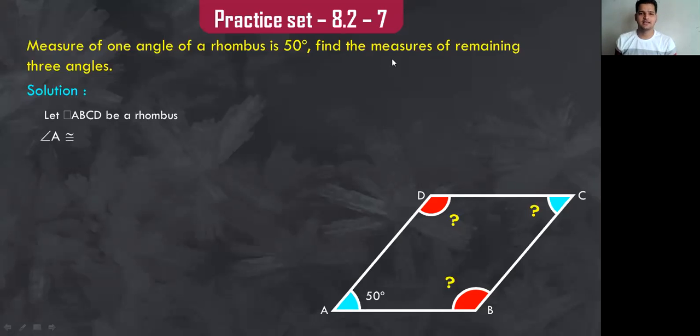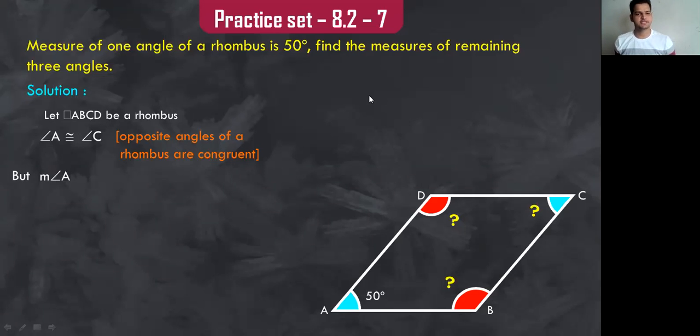So measure of angle A is congruent to the measure of angle C, as they are opposite angles of a rhombus and they are congruent. But angle A is 50 degrees. So if measure of angle A is 50 degrees, students, then measure of angle C will also be 50 degrees only. Correct.